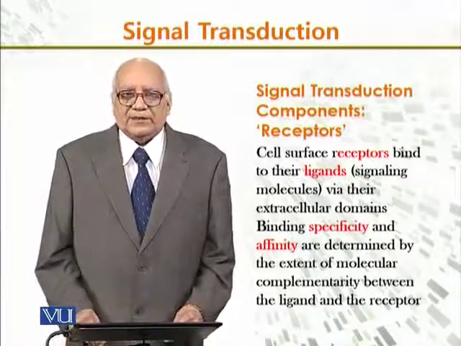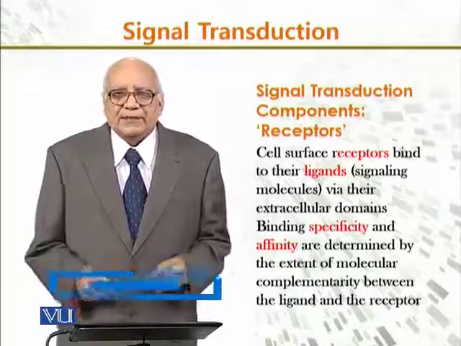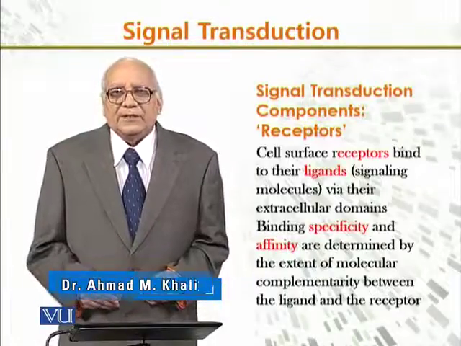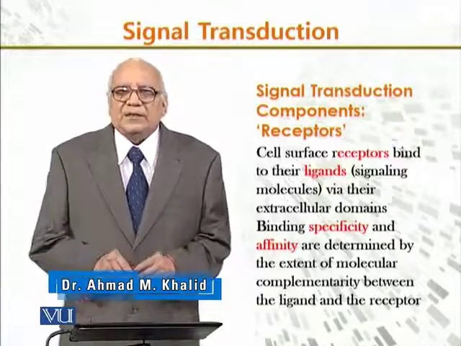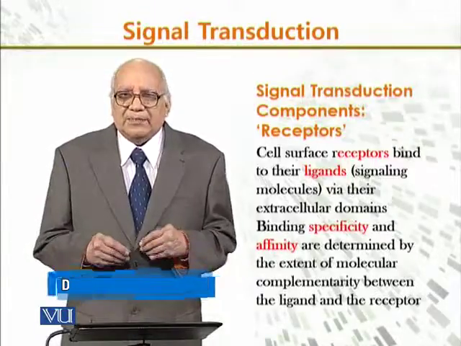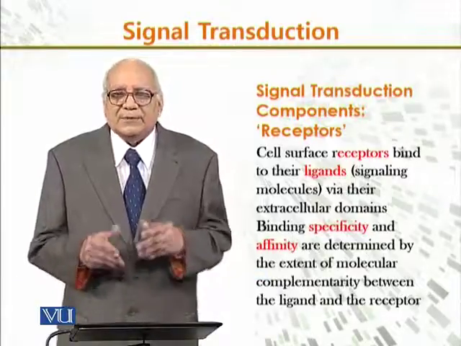Now, the cell transduction or signal transduction components, number one is the receptor. What are receptors? Receptors bind on the cell surface to their ligands. Ligands, mind you, are chemical compounds, chemical components, or somewhat related to them.